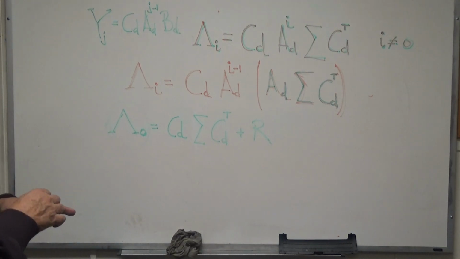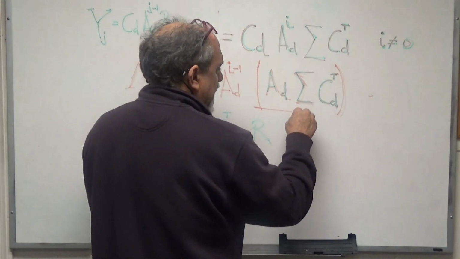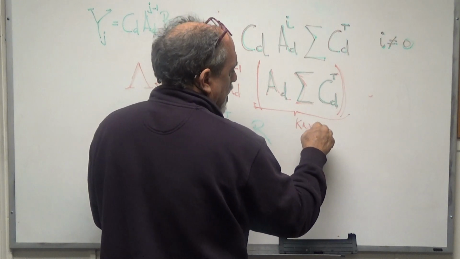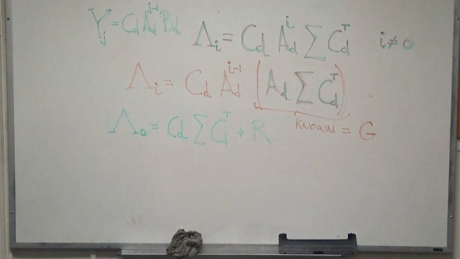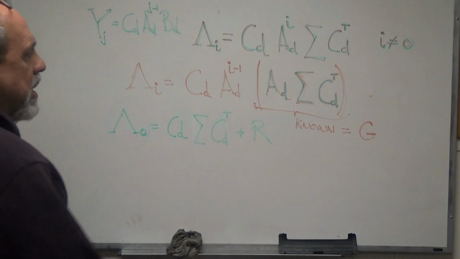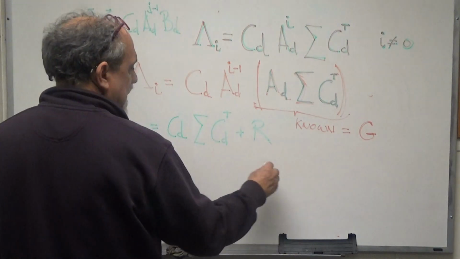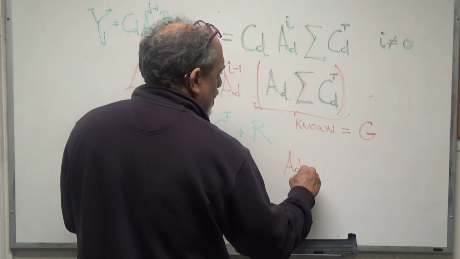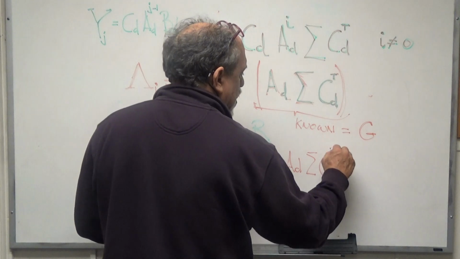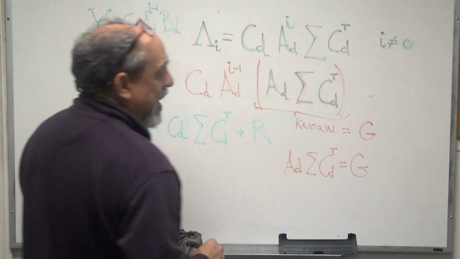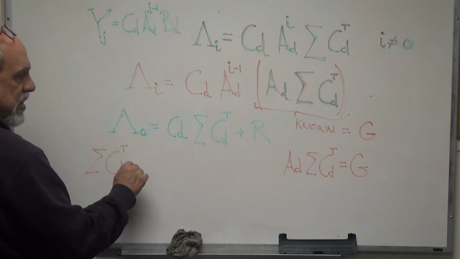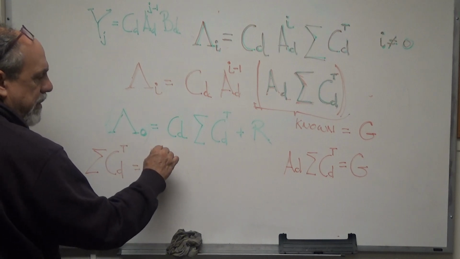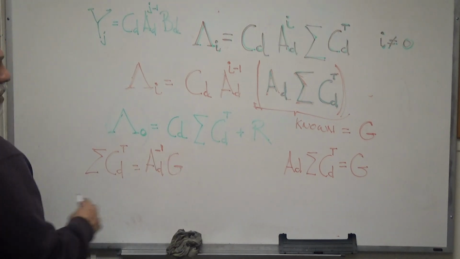Because we know G, or let's say this is known from the ID, we call it G, that matrix which we normally would call B. We call it G not to confuse it with B, because there is no B. So AD multiplied times sigma times CD transpose is G. Therefore, sigma times CD transpose is AD to the minus 1 times G. So this is computable, right?